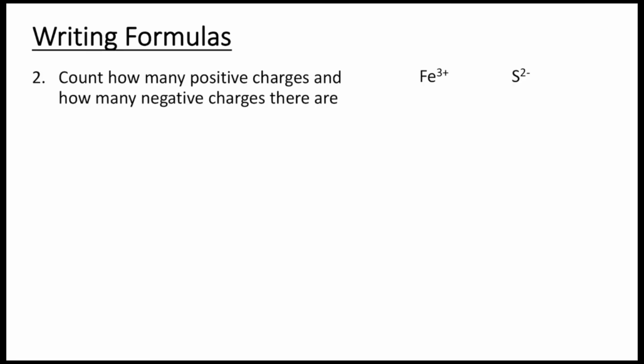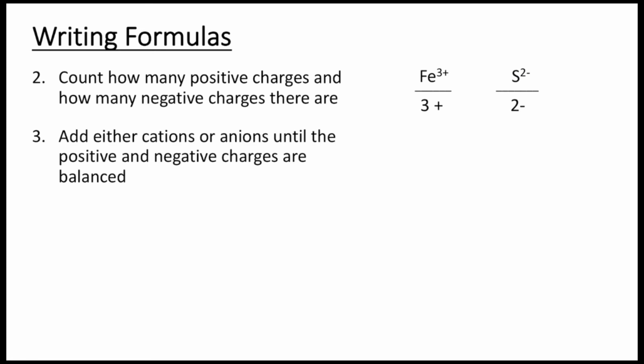Count how many positive charges and how many negative charges there are. So in this case, we have 1 3 plus, giving an overall 3 plus charge, and a 2 minus from the sulfur. Add either the cations or the anions until the positive and negative charges are balanced.